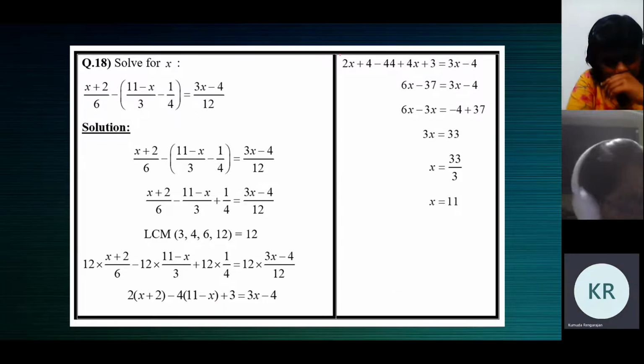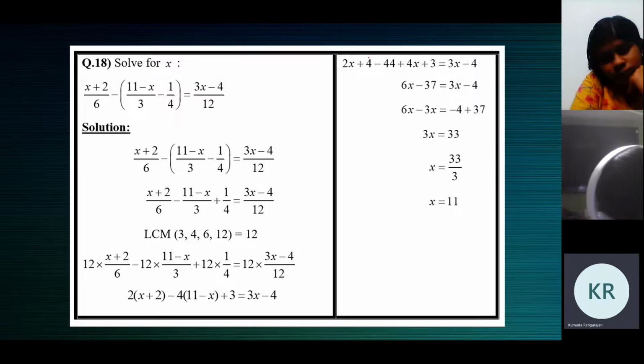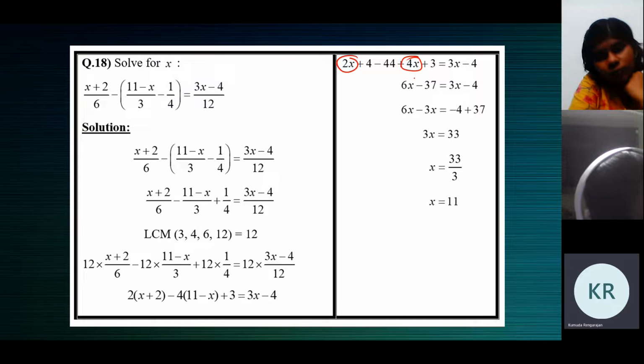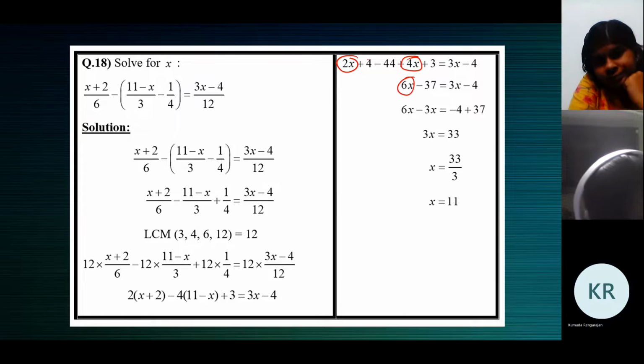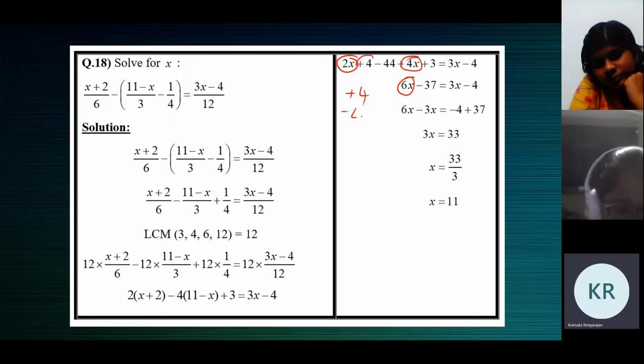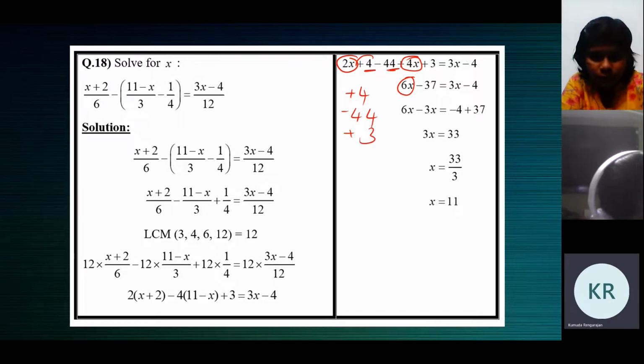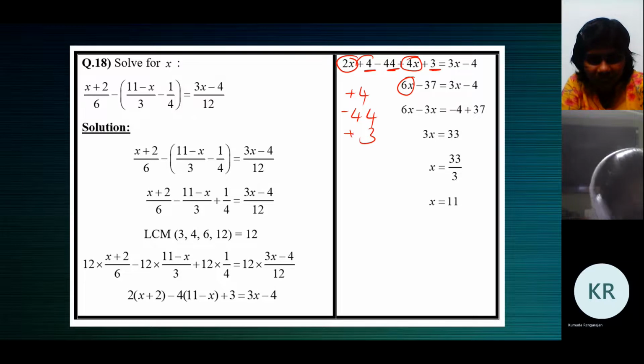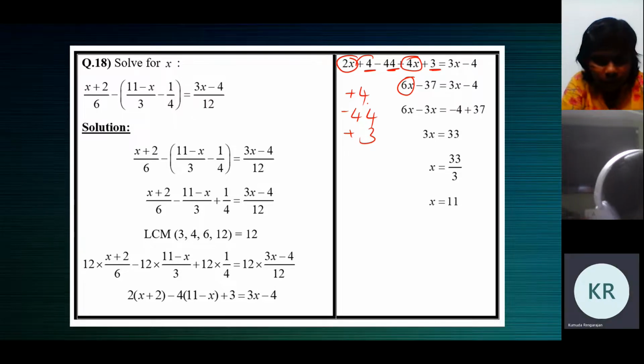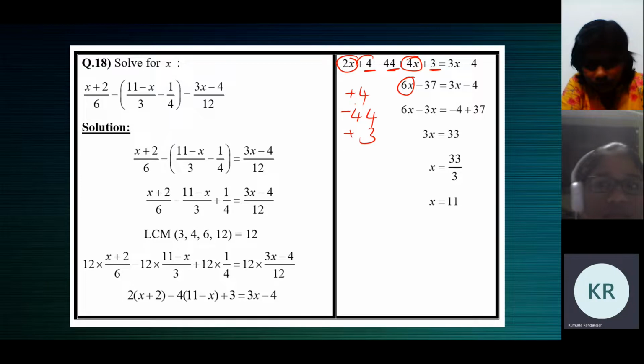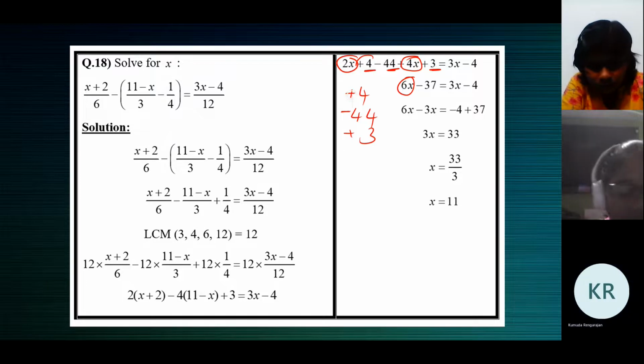Next, we simplify the terms on the left hand side. We have x terms: 2x plus 4x is 6x. Then plus 4 minus 44 plus 3. So we'll do 2 at a time. Minus 44 plus 4.